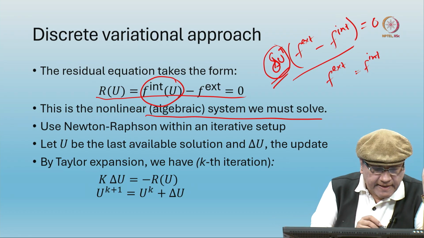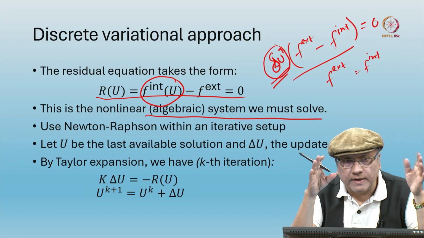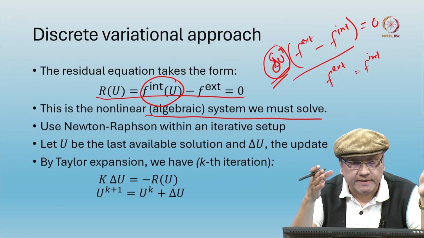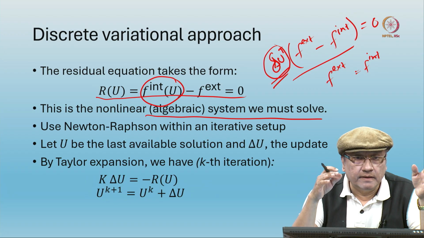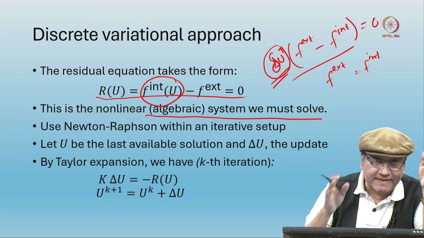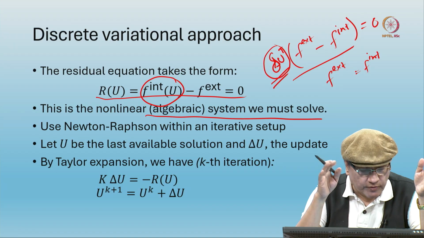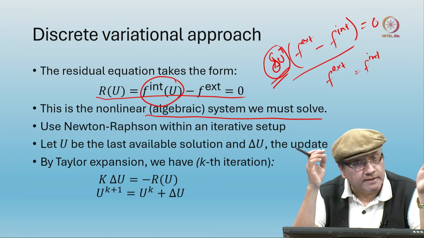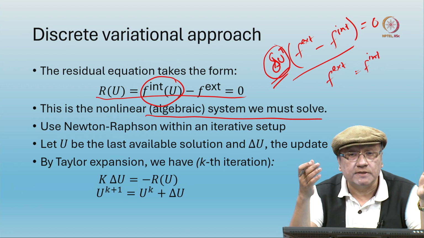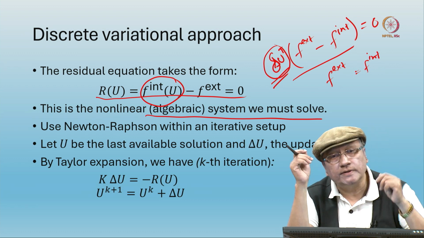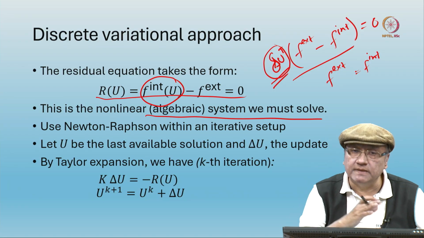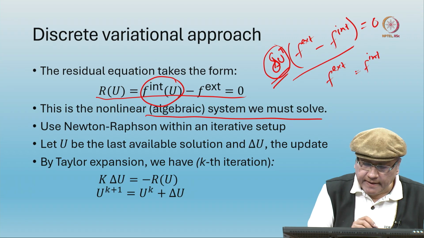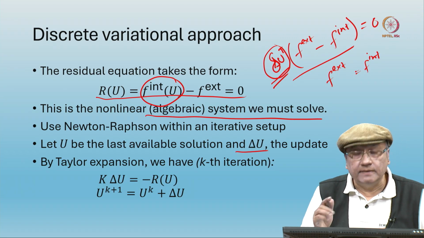We may not have the time to go through it in great detail, but let us proceed with the understanding that it is iterative in principle. So let u be the last available solution. That is how we do iterative solutions of nonlinear algebraic equations. We assume some last available solution; to start with, we have to have a guess.